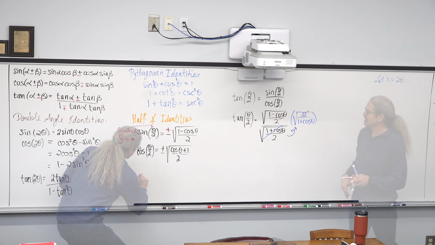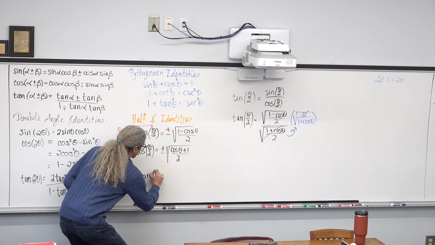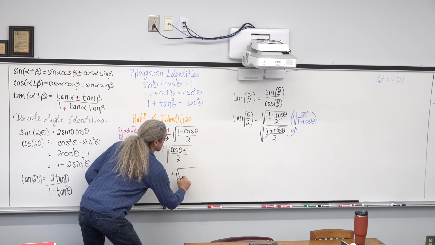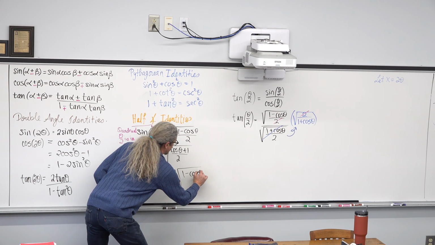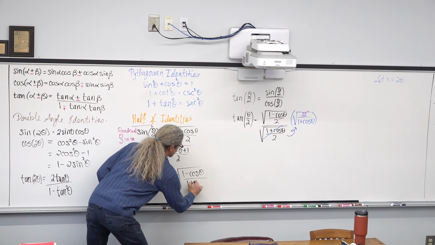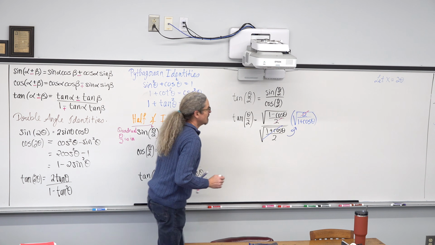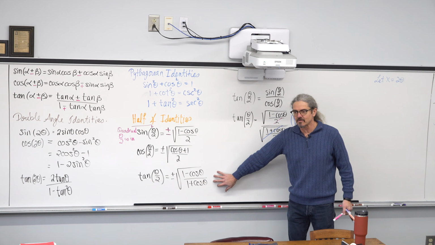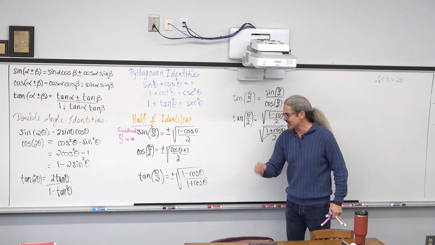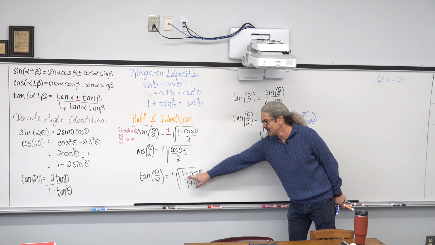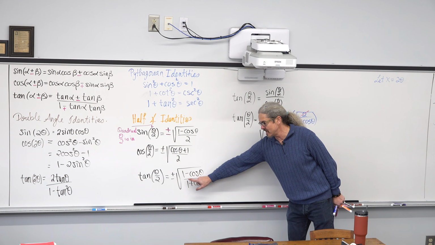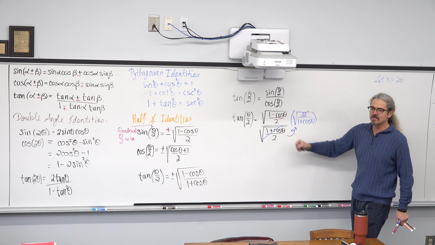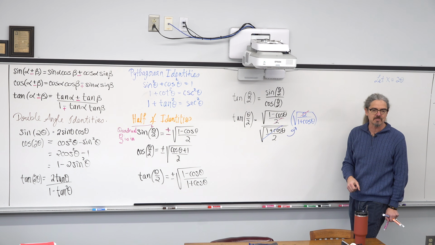And we get the tangent of theta over 2 is plus or minus the square root of (1 minus cosine theta) over (1 plus cosine theta). If it's been more than a couple of days of me saying this identity out loud, I doubt myself, and I forget, is it the plus or the minus, the orientation of the addition and subtraction in this identity. So I pretty much have to do these derivations to make sure I know these signs correctly.